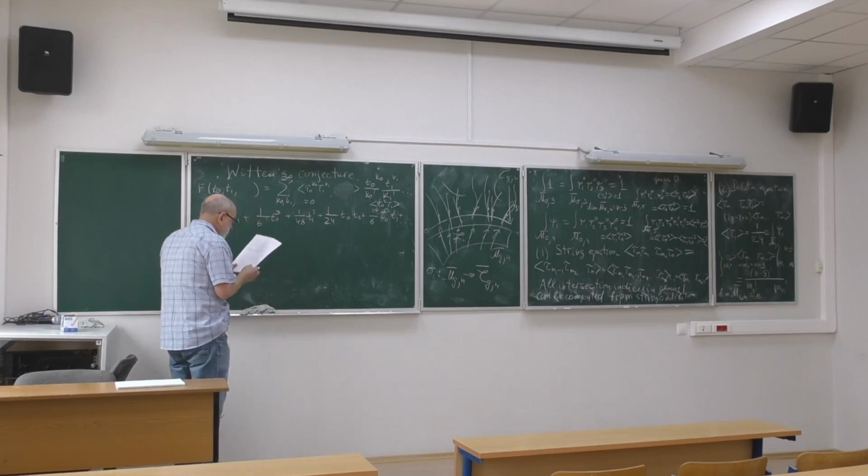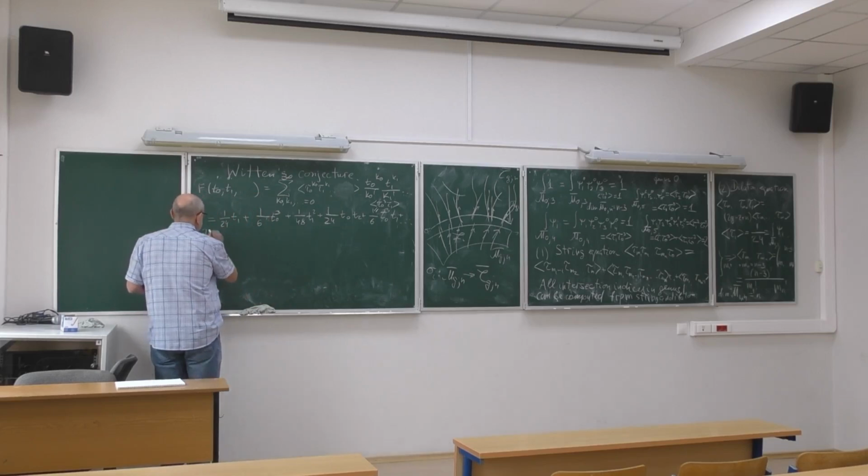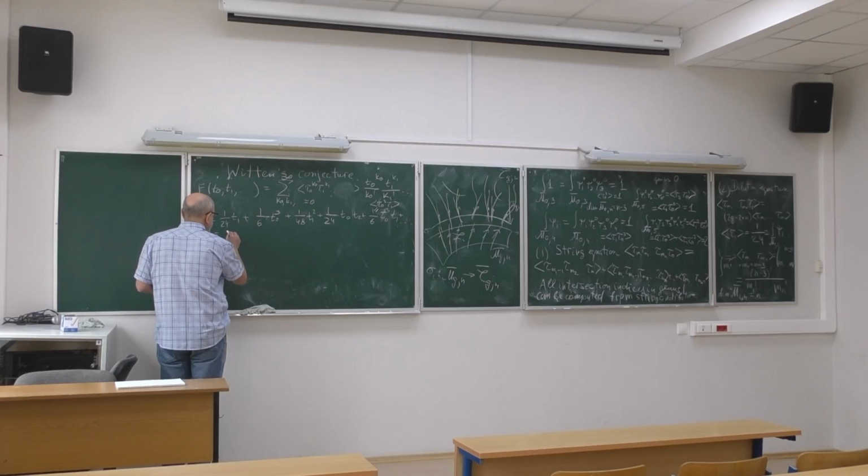And finally, let me introduce the function u, which is the second derivative of F over t0 squared.